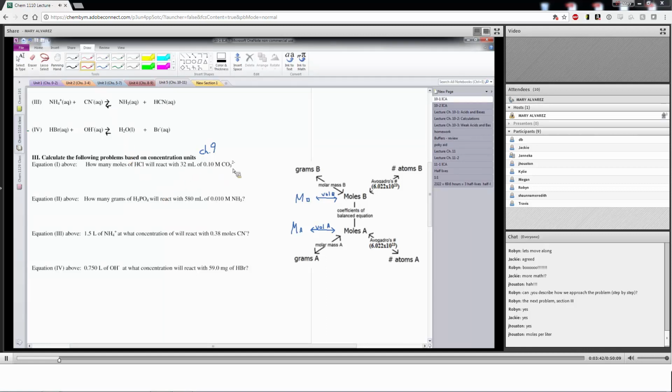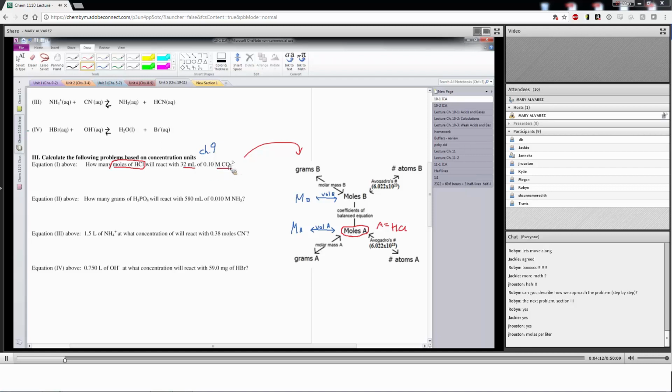If we look at our roadmap, we're going to say, all right, moles of HCl, that's what they want. They want moles of something. We could call it moles of A or moles of B. Let's call it moles of A. It doesn't matter which one we call it because they wanted moles. I selected moles. And now I have defined A as HCl. And what did they give me? They gave me the volume of a carbonate solution.